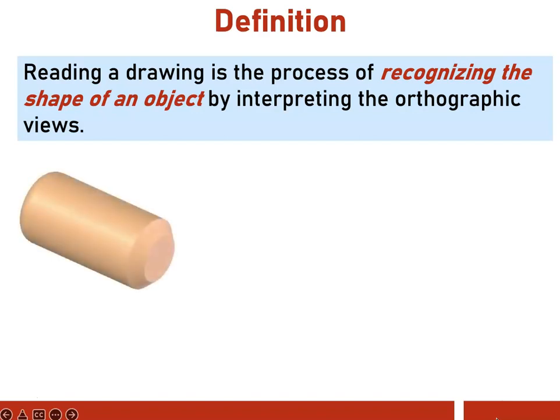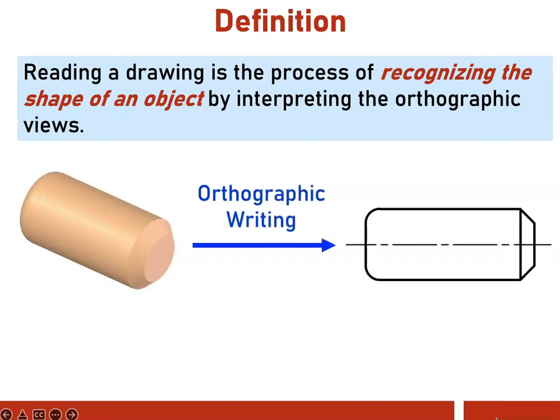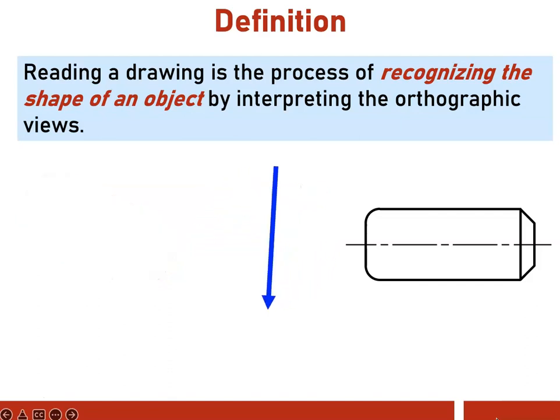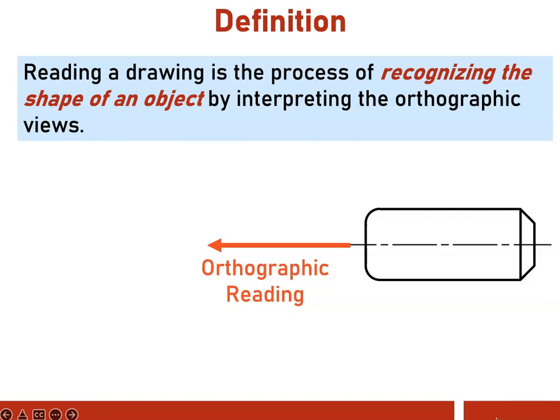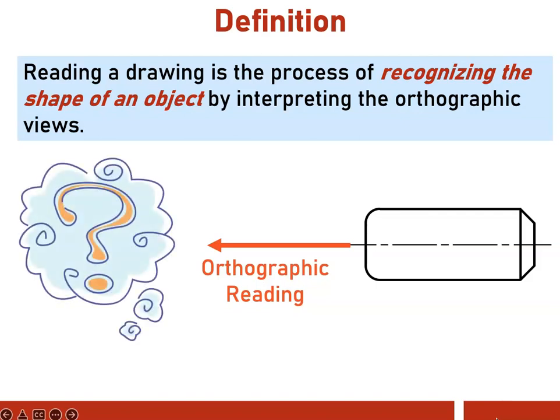So, let's say you have this object, it's a 3D object, and if you were to draw it orthographically, you would get something like this for the front view. But let's say you only have the orthographic drawing, which we have seen a lot in our AutoCAD classes. How do we convert this drawing to a 3D object, right? So this is what orthographic reading means.